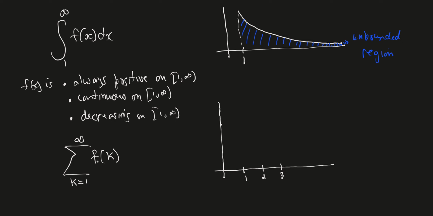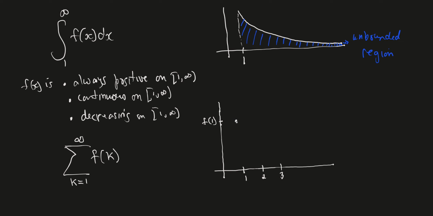So when I evaluate this function at k equals 1, at our first positive integer, I'm going to have some number. I'm just going to label it as f of 1. And remember how we talked about plotting the points of a sequence? Then it basically looks like this.